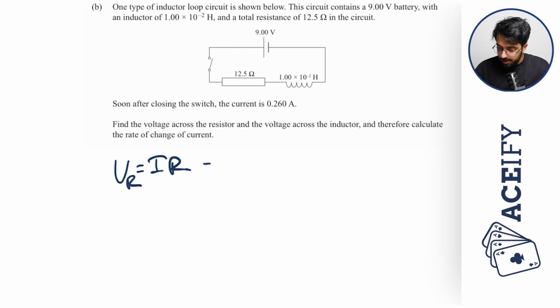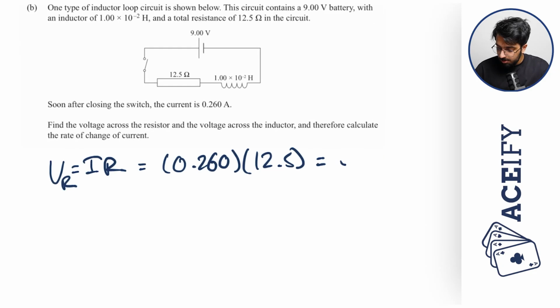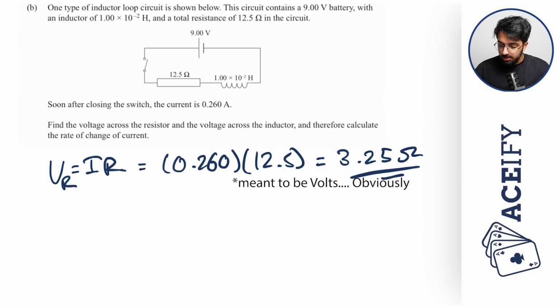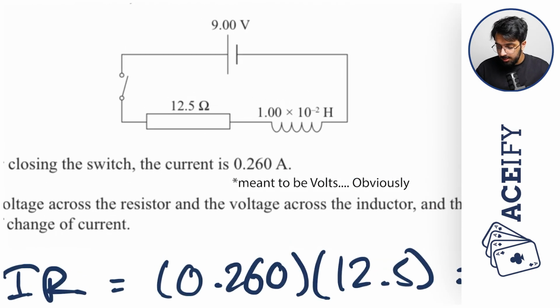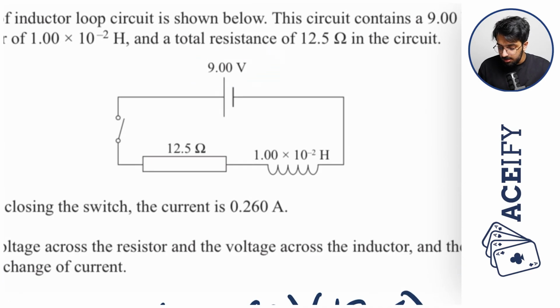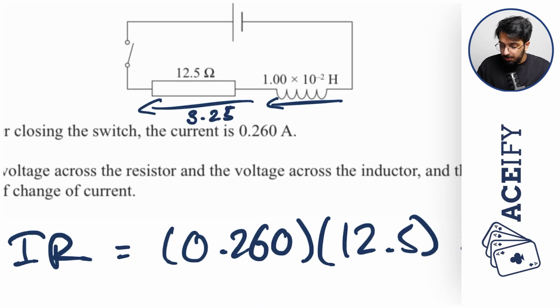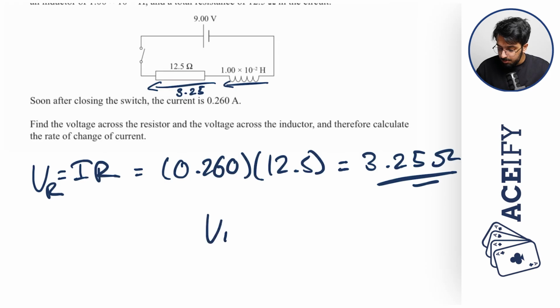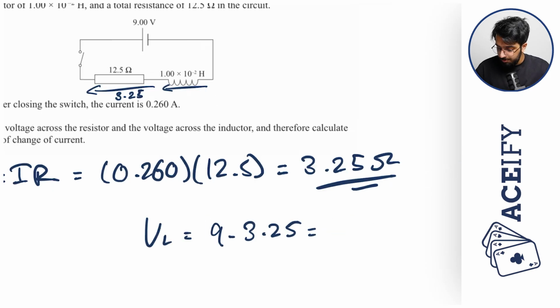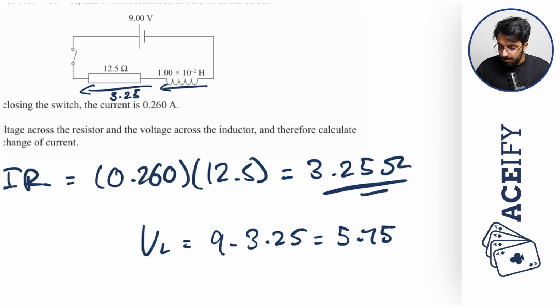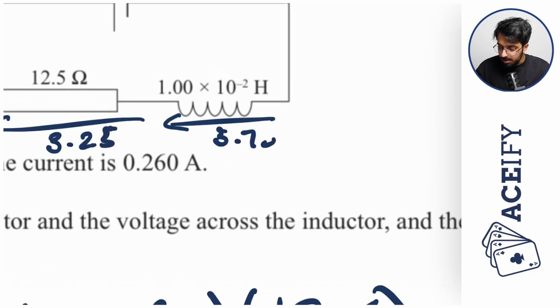As our current is 0.260 multiplied by our resistance of 12.5, this gives a voltage of 3.25 volts. And as this is a series circuit, this 9 volts is spread across the 2 components, so the voltage across our inductor must be equal to 9 minus 3.25, which gives 5.75 volts.